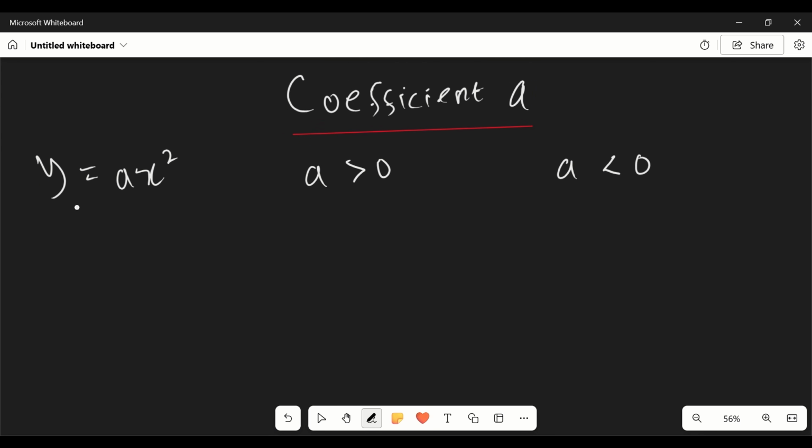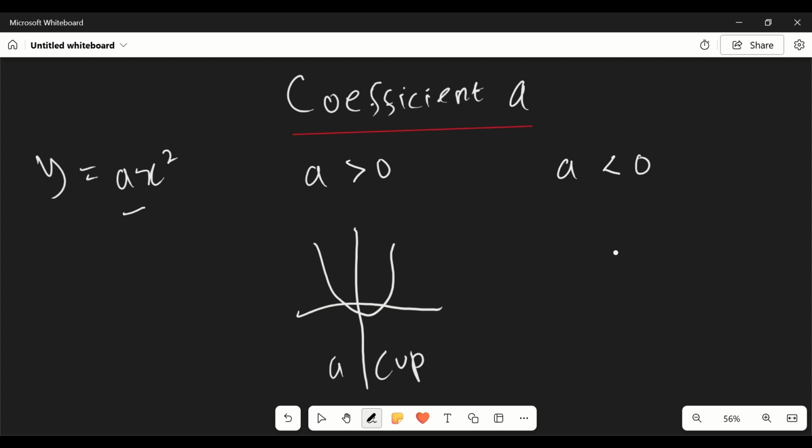Now, consider y equals ax squared. The number a controls two things: if a is bigger than 0 and if a is less than 0. If a is bigger than 0, we have a graph that opens upward, like a cup.